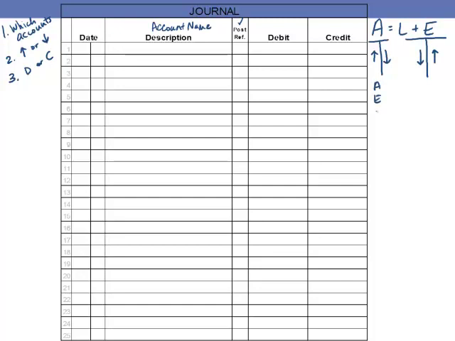Let's remember: assets, expense, drawing, liability, revenue, capital. Okay, so we can refer to that as we're doing these journal entries.